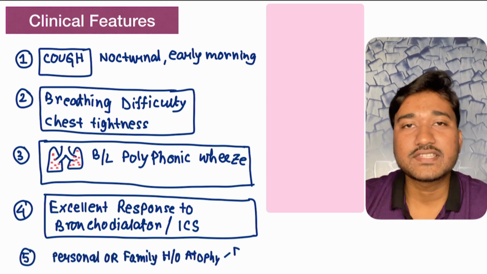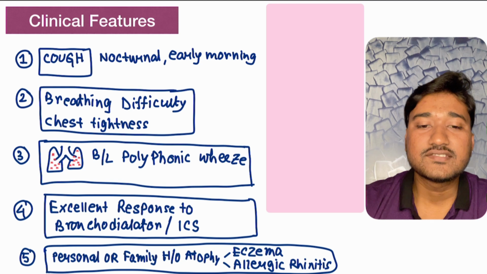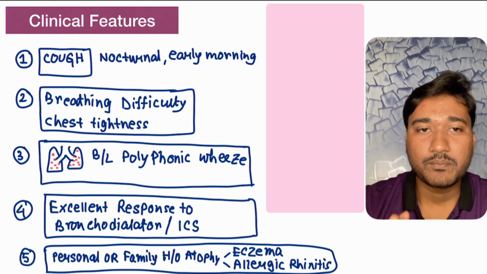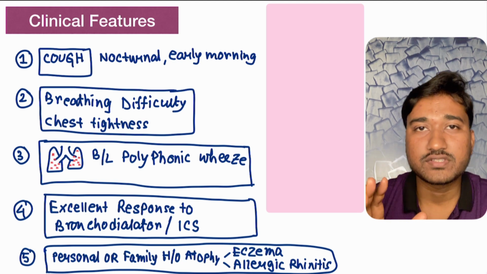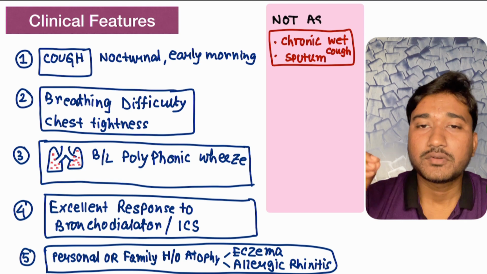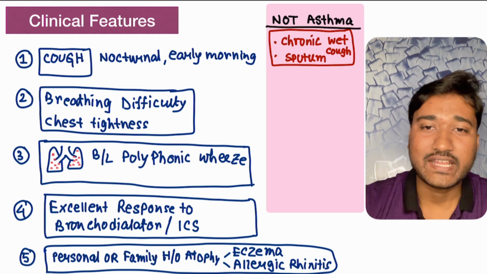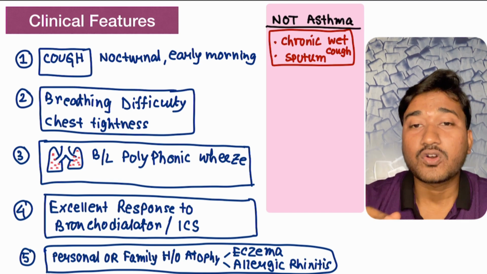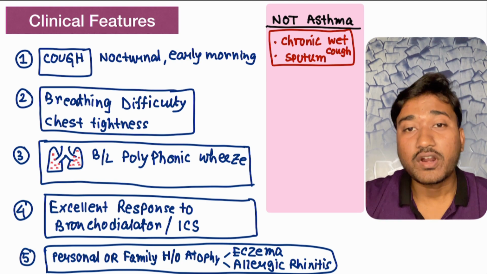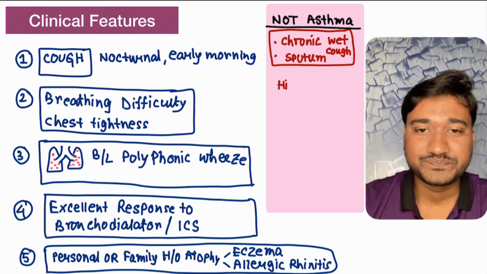And number 5 is personal or family history suggestive of atopy, like allergic rhinitis, eczema, all that. So this 5 symptom complex is very important for diagnosing asthma. You must also understand what are the pointers that will tell that this is not asthma. If the cough is chronic and wet in nature, that is sputum or productive cough, this is not asthma.